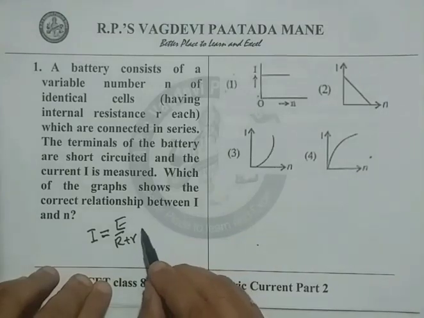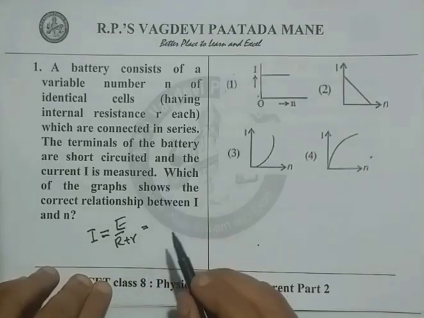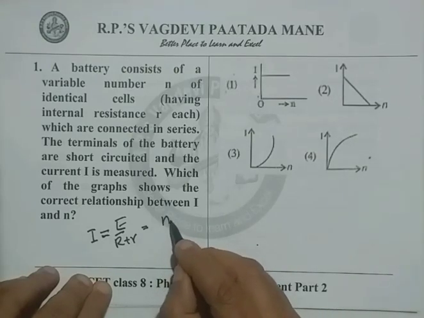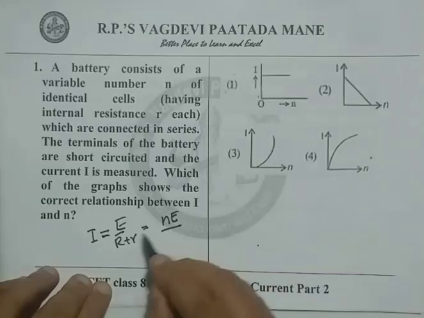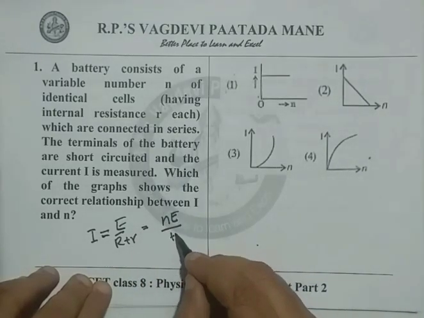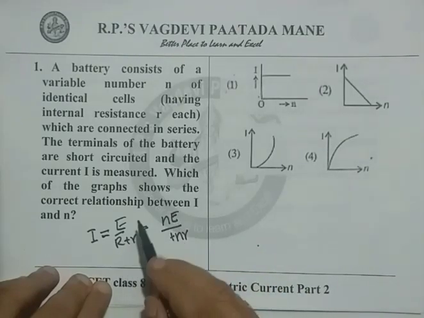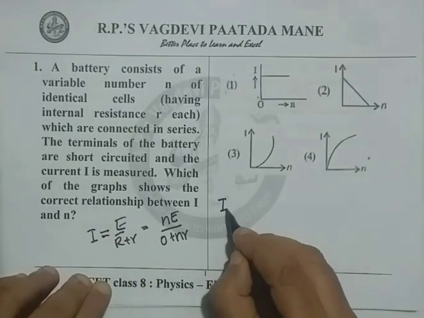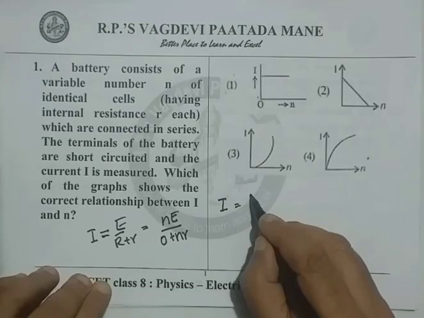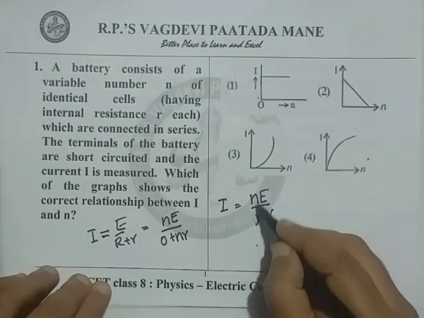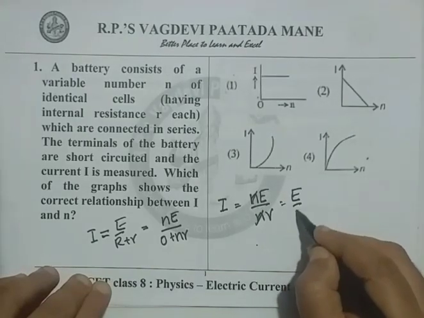As this is a series combination of N cells, net EMF is NE divided by net internal resistance NR, and net external resistance is 0 as the battery is short circuited. Therefore, I is equal to NE by NR, which cancels to E by R only.